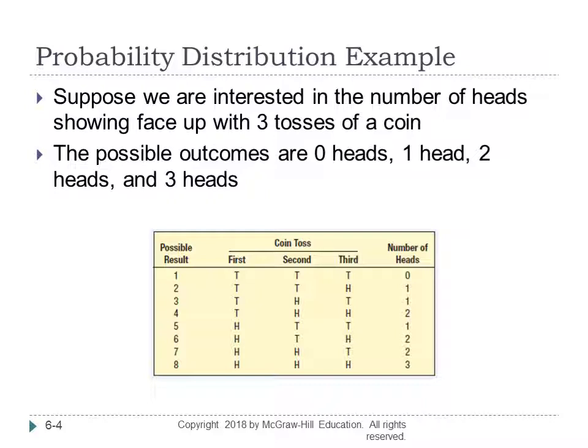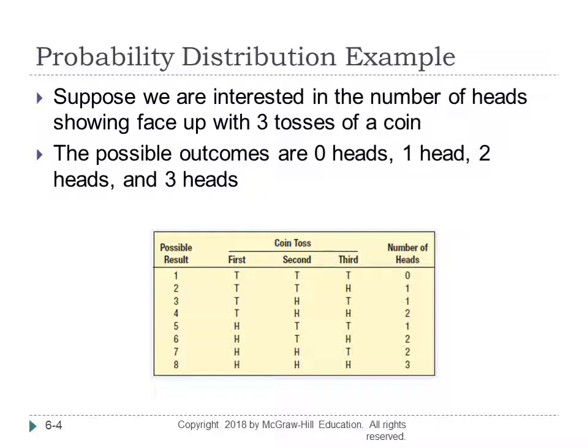Each time you toss the coin, there are 2 possible outcomes, heads or tails. The number of outcomes when you toss the coin 3 times is 2 times 2 times 2, which is 8. That follows from the rule of counting we learned, the product rule. We learned that rule in the last chapter.